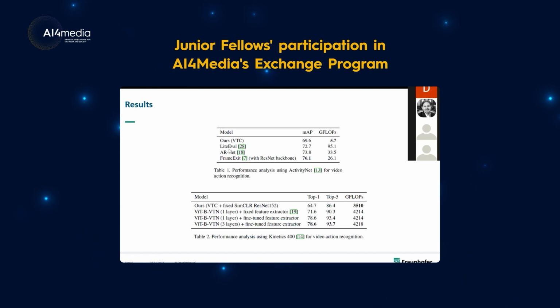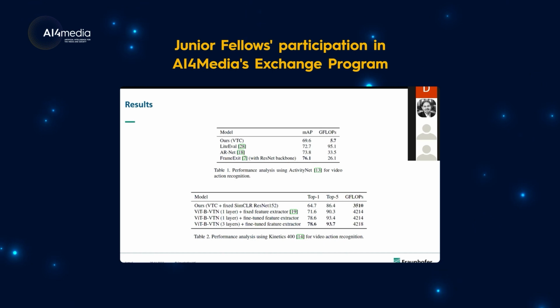All of these methods have a ResNet type backbone, and they only reported their GFLOP results for the training part, not the feature extraction part. And as you can see, at least the training part is way more affordable in comparison to the other ones.